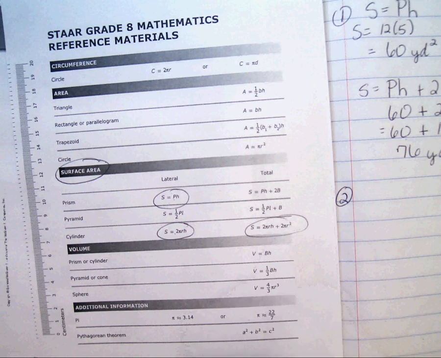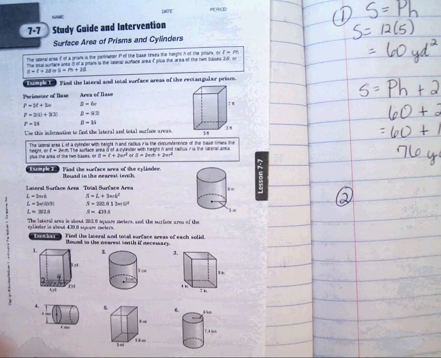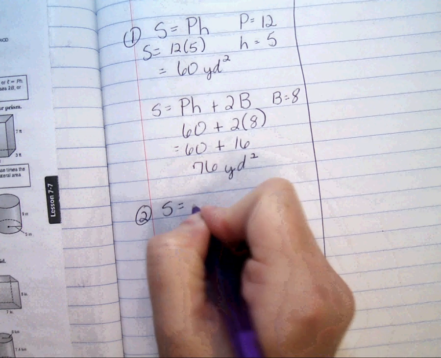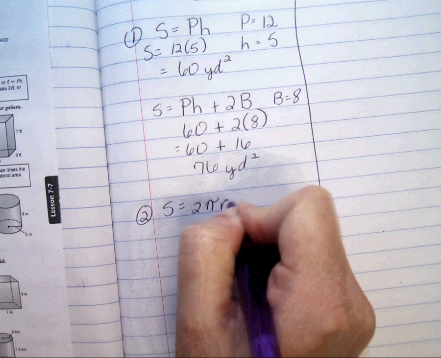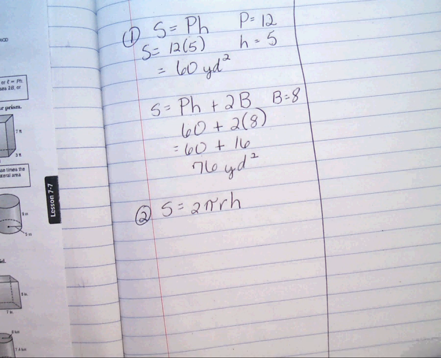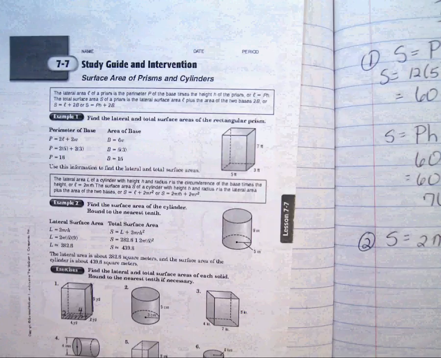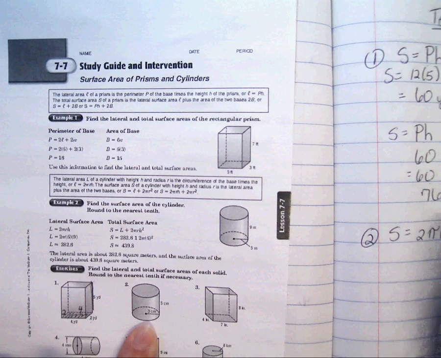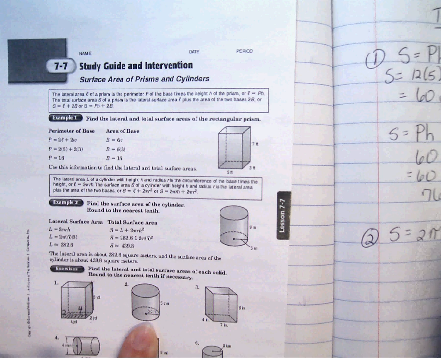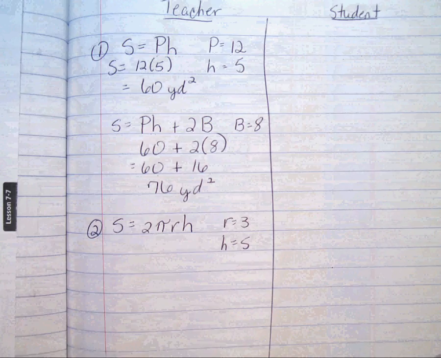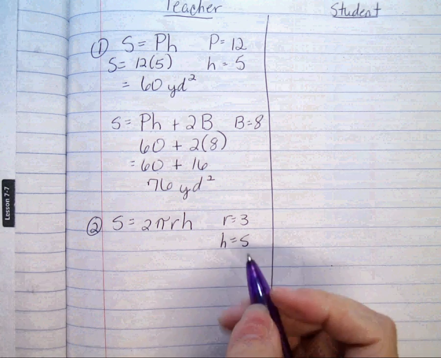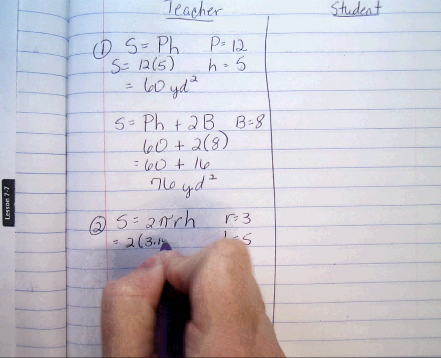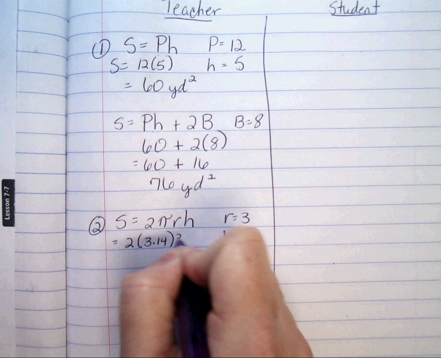So let's find the lateral surface area first. Write the formula. S equals 2 pi RH. Let's come back and look at our figure. I've got a radius of 3 and a height of 5. So I wrote those down. Now I'm just going to plug it in. 2 times pi times my radius is 3 times my height is 5.